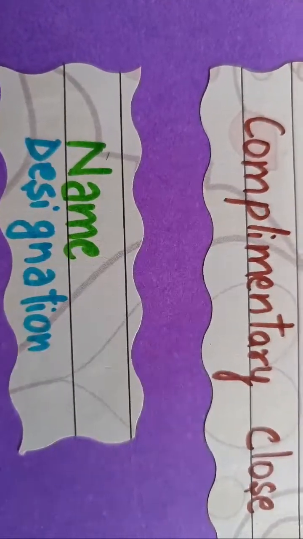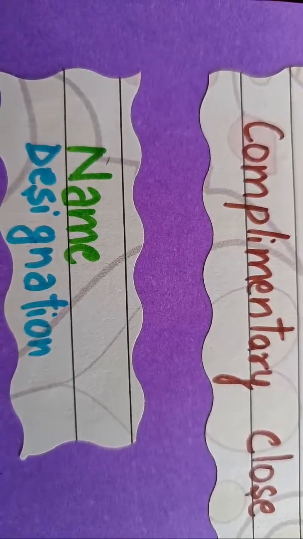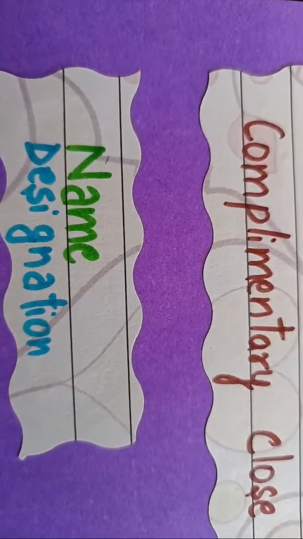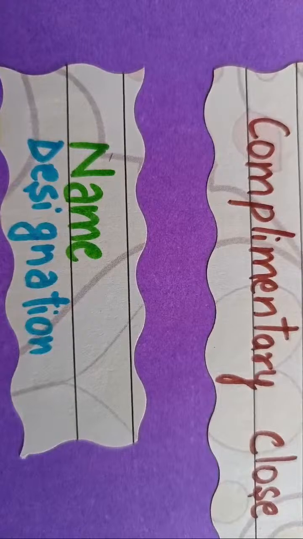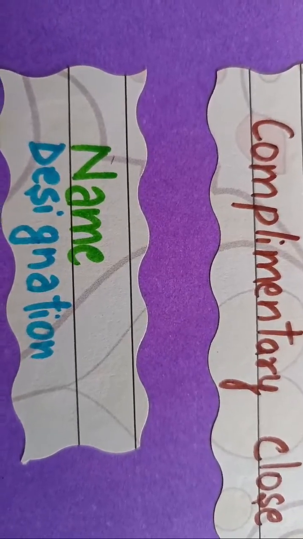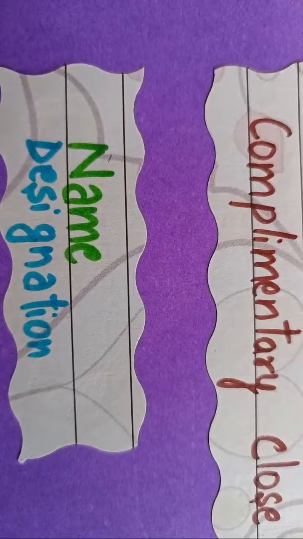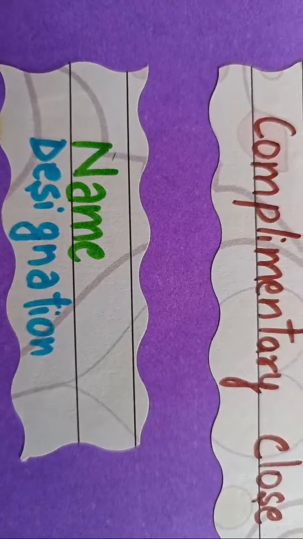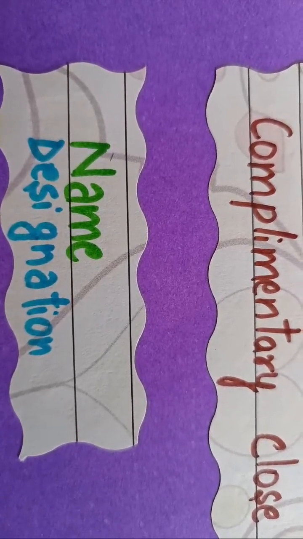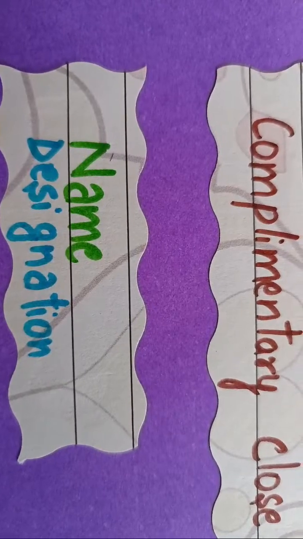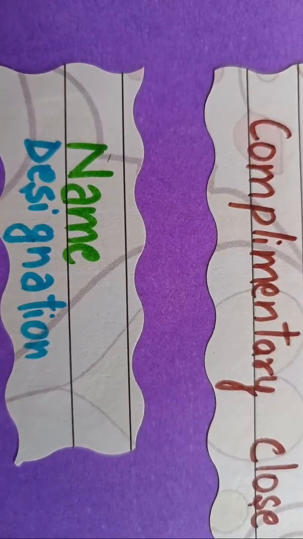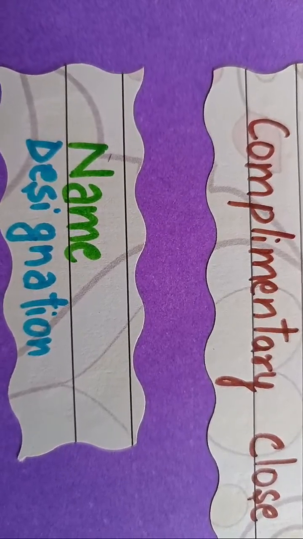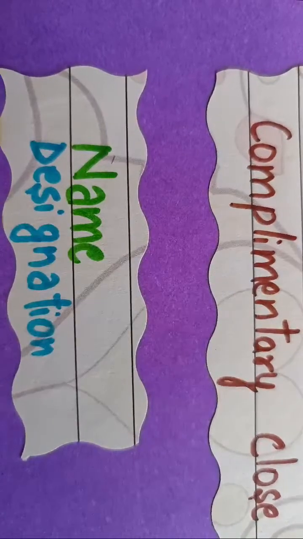Then after the designation there's a need to mention your sign. You need to be careful. If you do not sign at the last, there will be a deduction of marks. If you want to score full marks in letter writing, keep in mind that you need to sign also. The sign can be the same as your name, it can be in a short form, anything, but it's mandatory to sign.